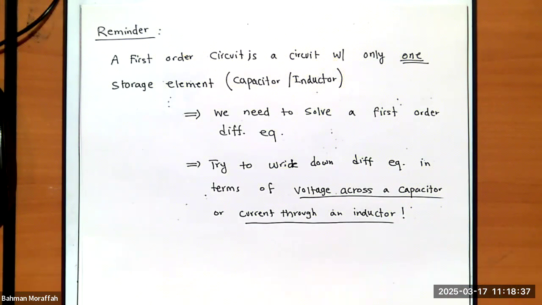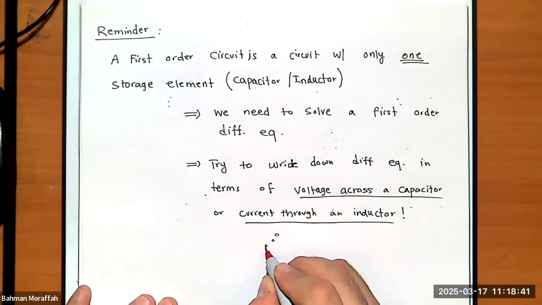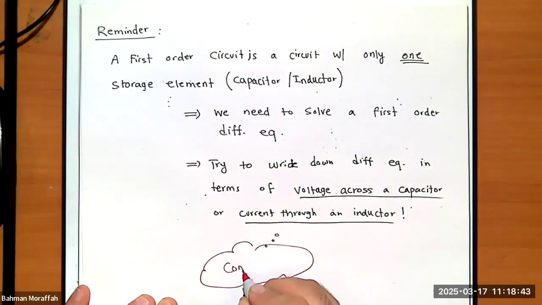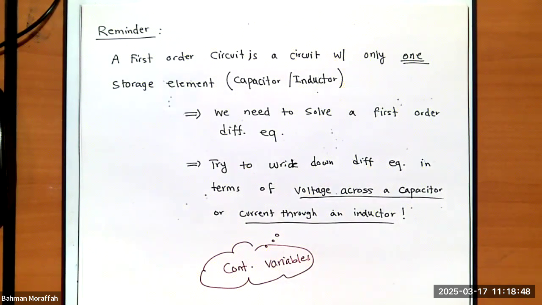And the reason was because these two variables are continuous variables, right?